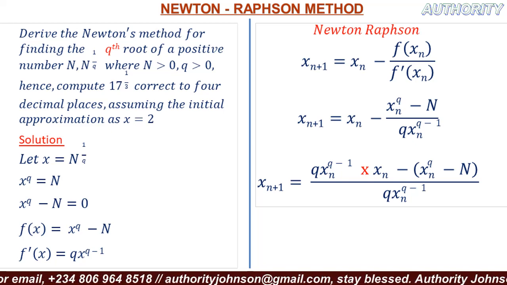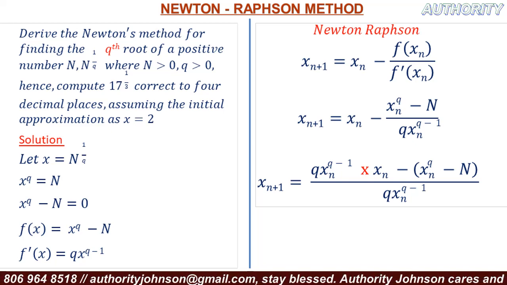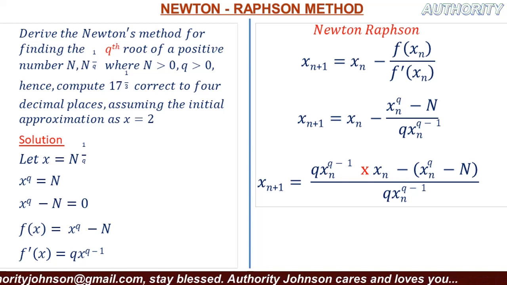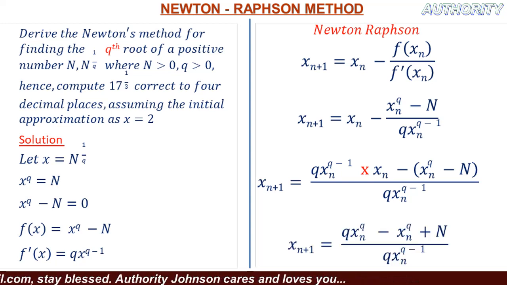The base is the same, x, so we add their powers: minus 1 plus 1 goes. Therefore we have q xn raised to the power of q. Opening the bracket, we have minus xn raised to the power of q, plus n, all over q xn raised to the power of q minus 1.